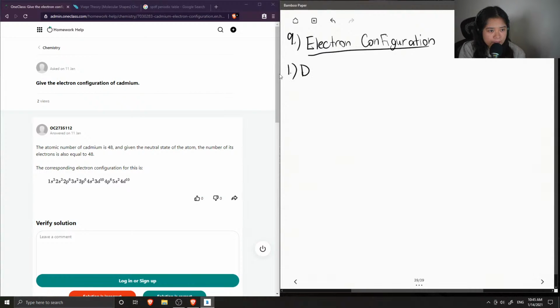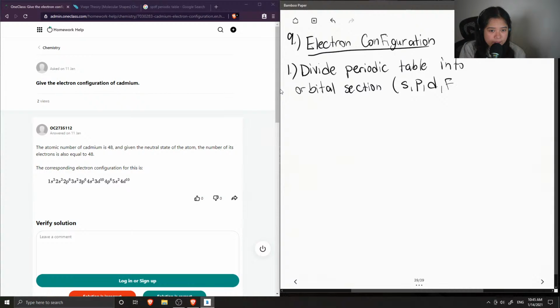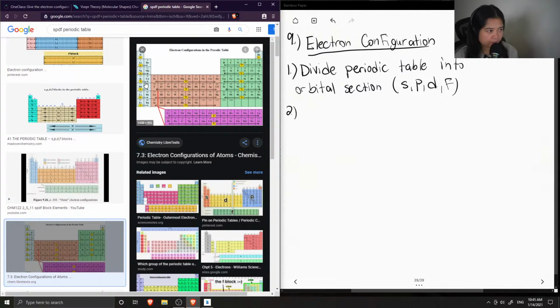So step 1 is to divide your periodic table into the different orbitals or orbital sections, for example S, P, D, and F. And it's important to know how to do that.